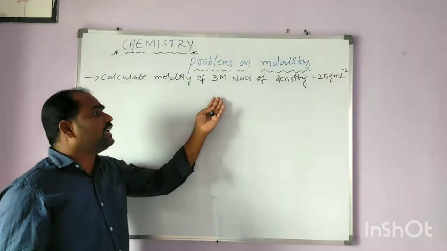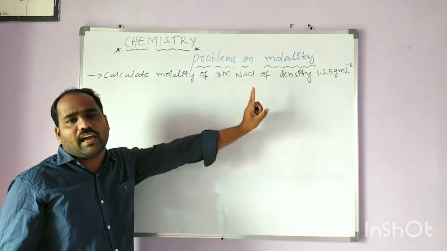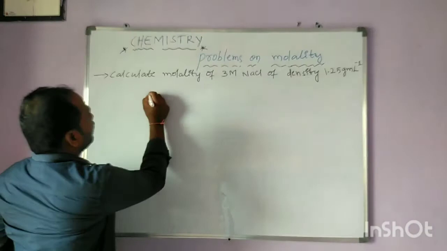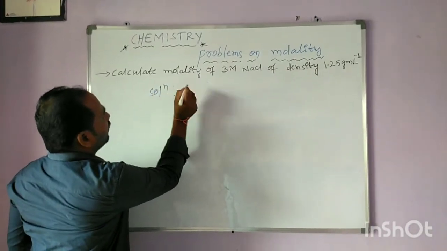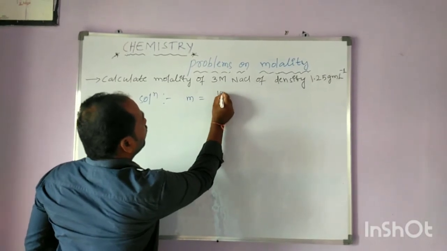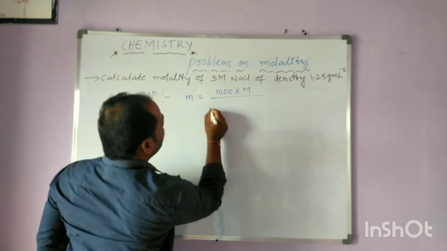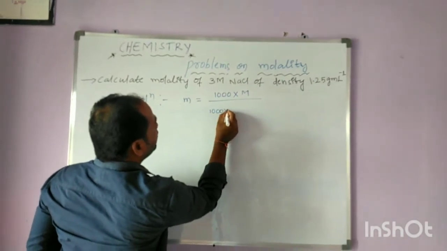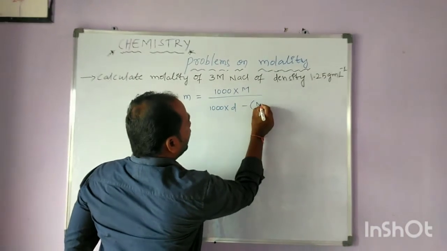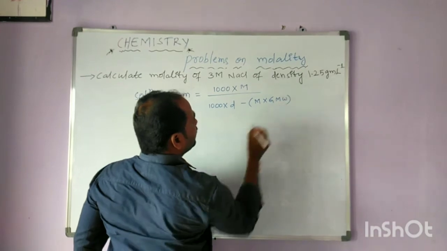Whenever molarity and density of the solution are given, from that we can calculate the molality by using a formula. Molality, small m, is equal to 1000 into molarity by 1000 into density minus molarity into gram molecular weight of the solute.